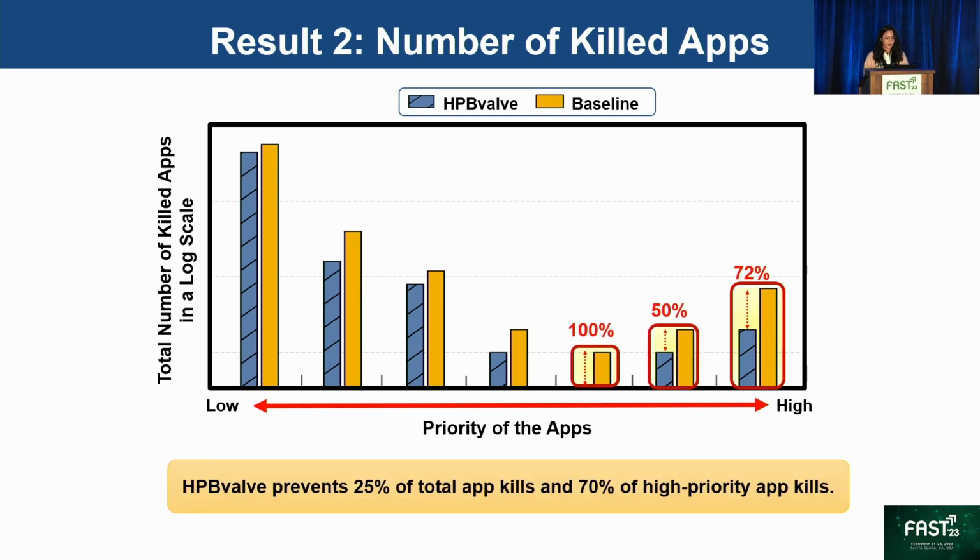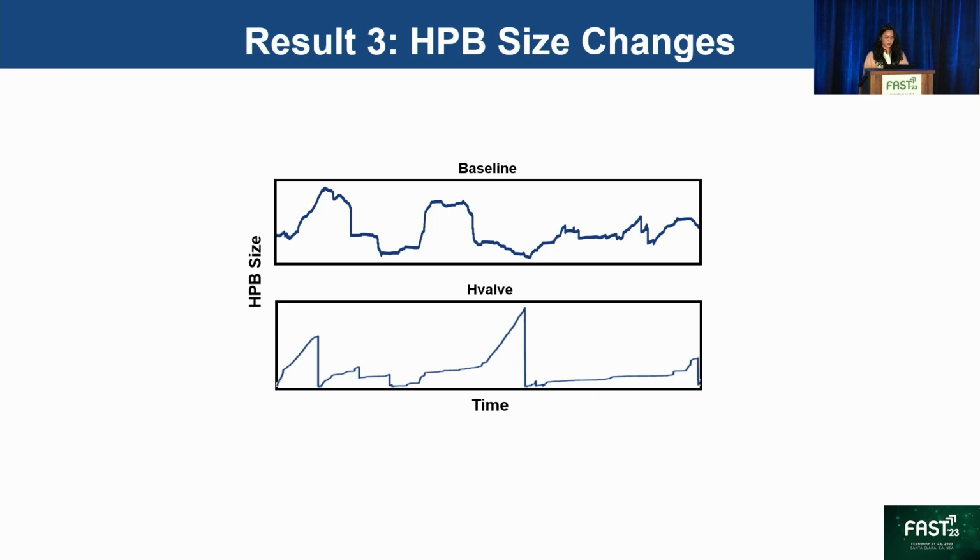Since preventing high-priority app kills is mostly important with respect to UX quality, HPBvalve prevents about 70% of highest priority apps being killed by LMKD. This is possible because HPBvalve proactively prevents LMKD from killing high-priority apps by promptly returning the HPB allocated memory to user apps under the monitored memory pressure signals.